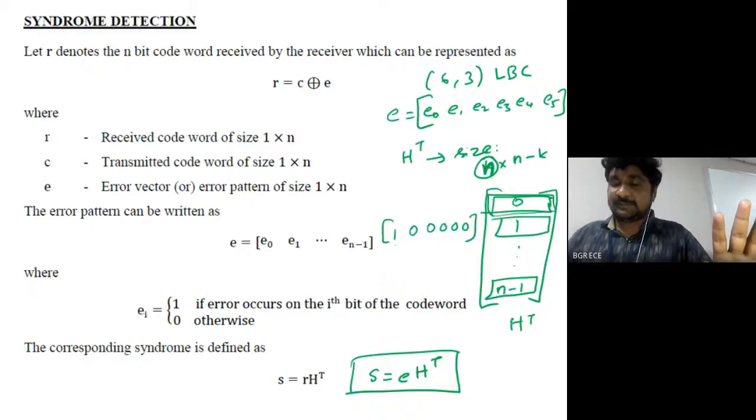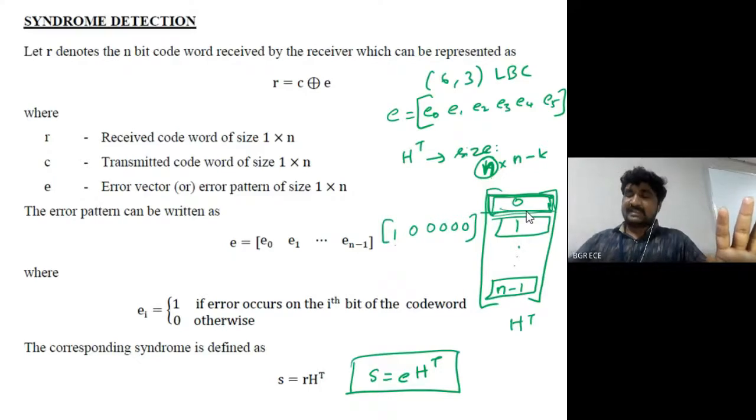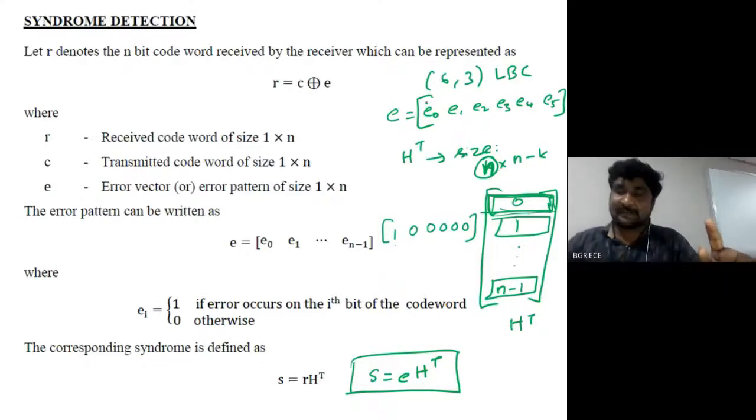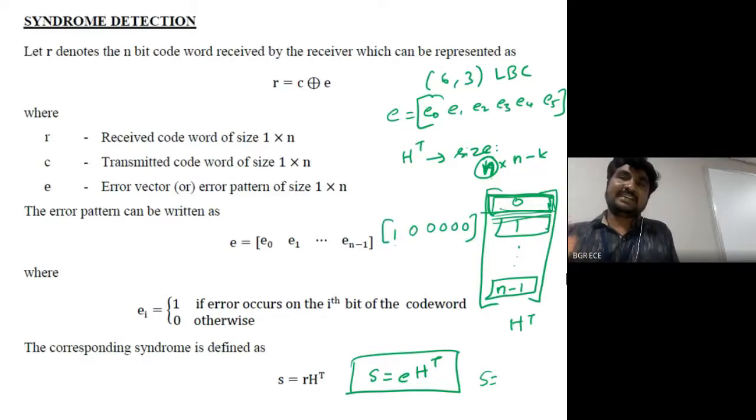If the syndrome is represented by the first row of the matrix, we can say that the error has happened on the first code word bit. Similarly, if the syndrome has the value equal to the second row of H transpose, then it determines that the second code word bit has the error. By this way, the identification of the error location takes place.